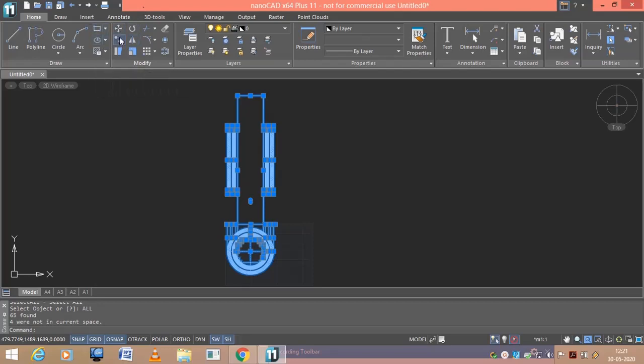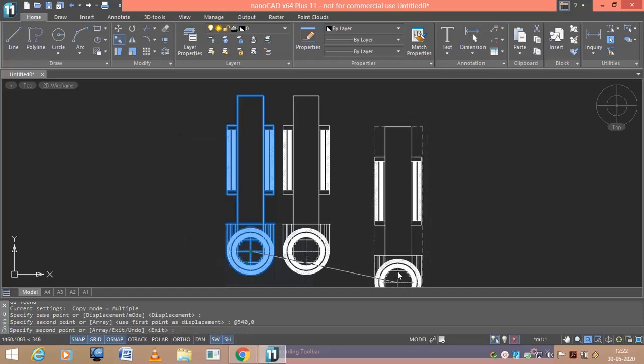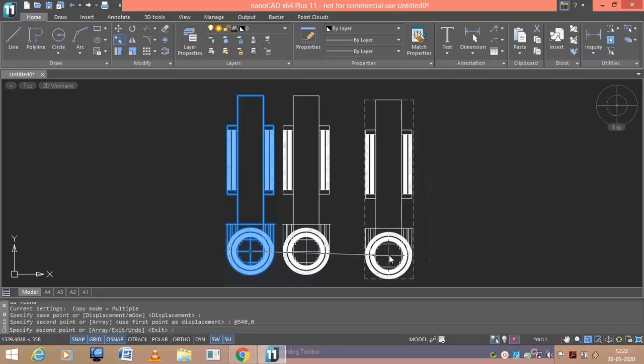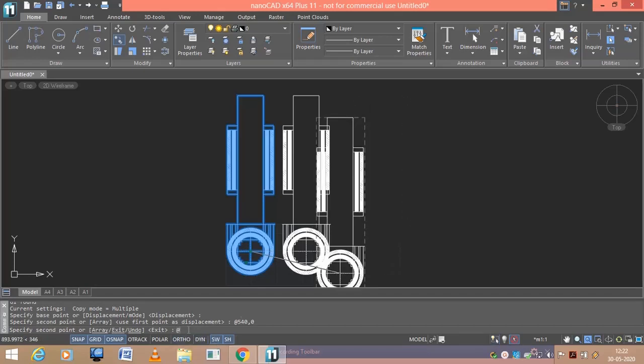Now Control A and then copy. The base point will be the center of these circles, and you copy at a distance of 540, 0. Right? Since it is a 3-phase, the distance between one limb and another limb is 540. Again for the third limb it will be 1080.